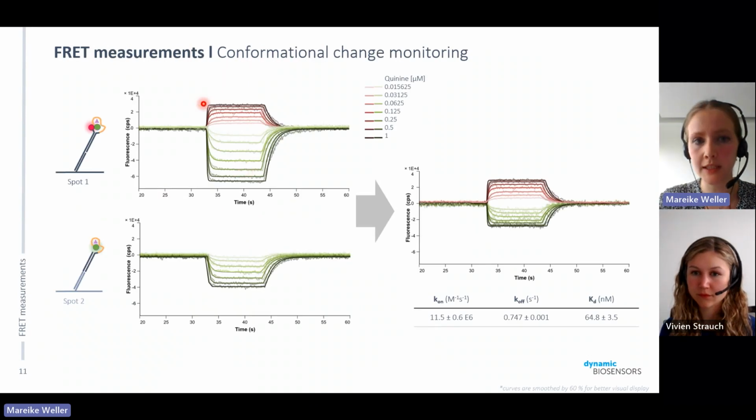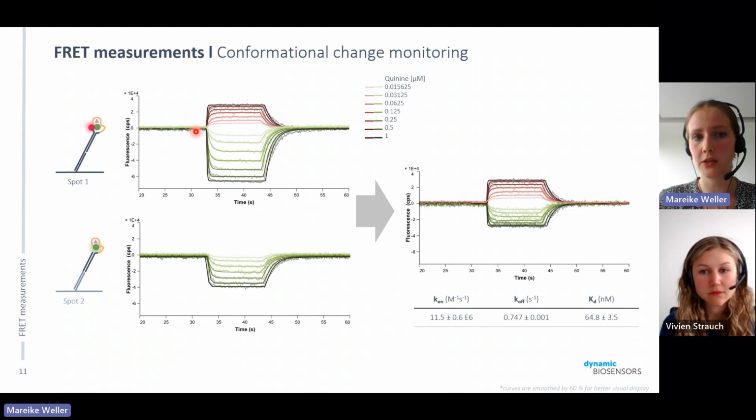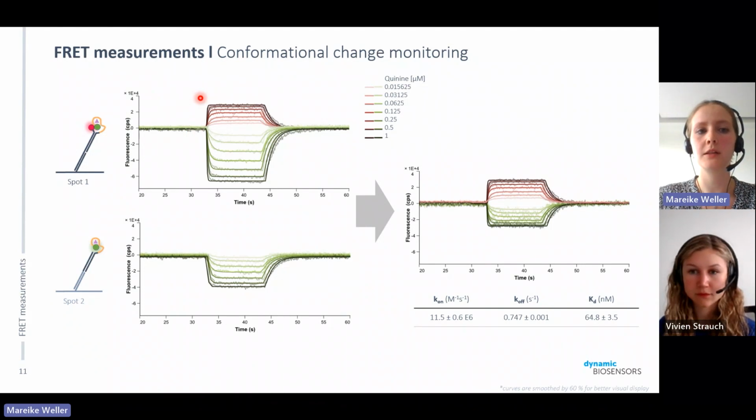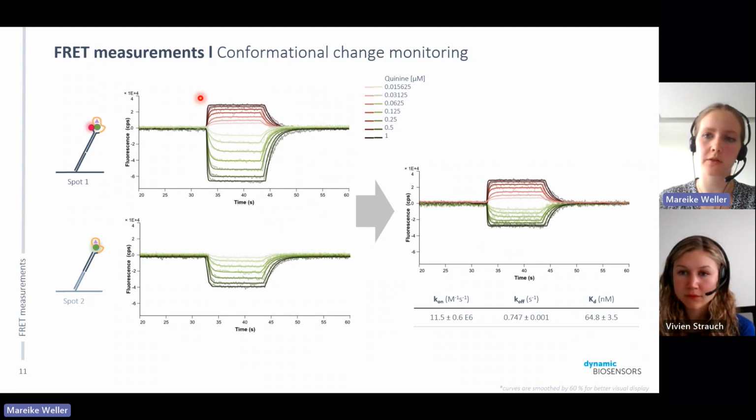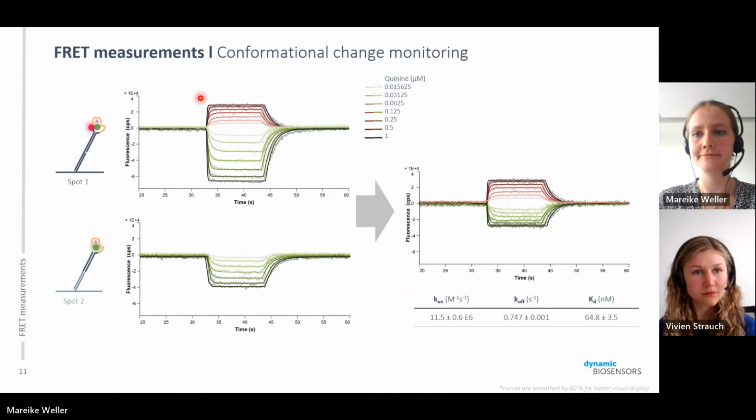What you can see definitely on the measurement signals is that upon the association of your compound, you get this huge decrease of the green and the increase in red. But for the overall loop system, if you have something very complex, then maybe you need to think further about which possible structures could be present at first.